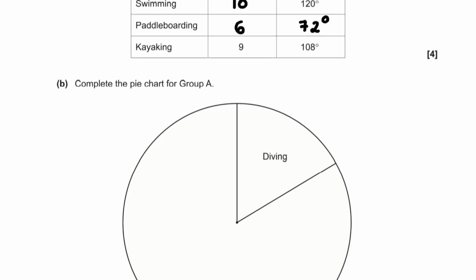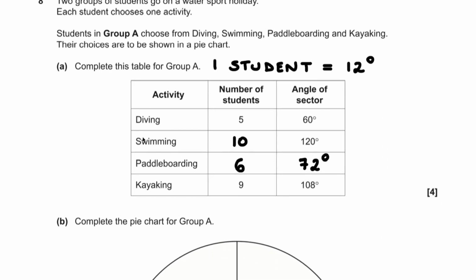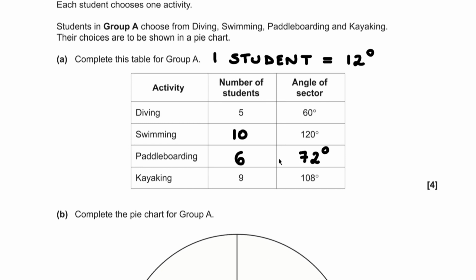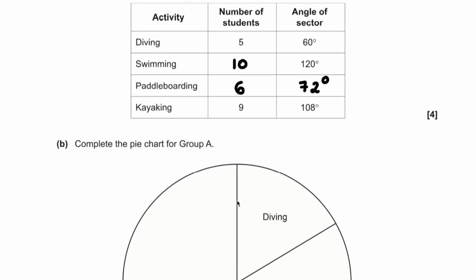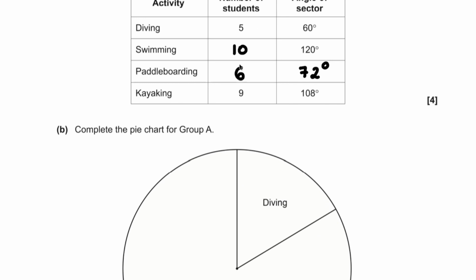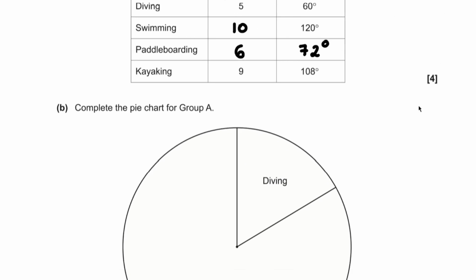Part B, complete the pie chart for group A. So, to complete the pie chart for group A, diving is already done, so now for swimming I need to do 120 degrees.